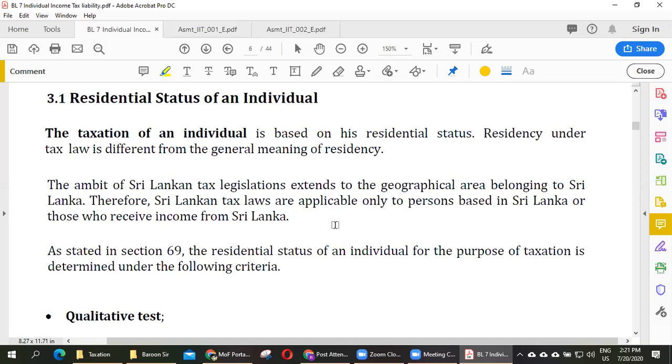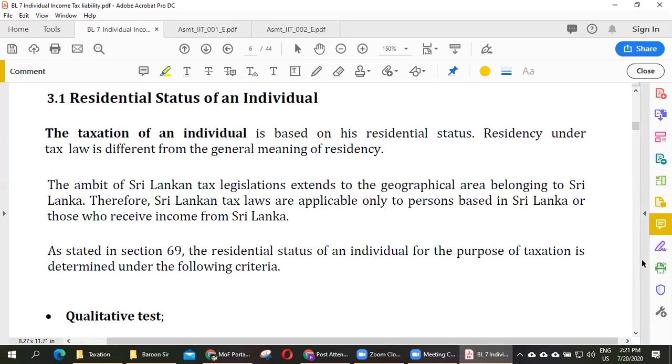Any response from you? How can we decide whether Mr. Naveen is resident or non-resident? Based on days of stay.